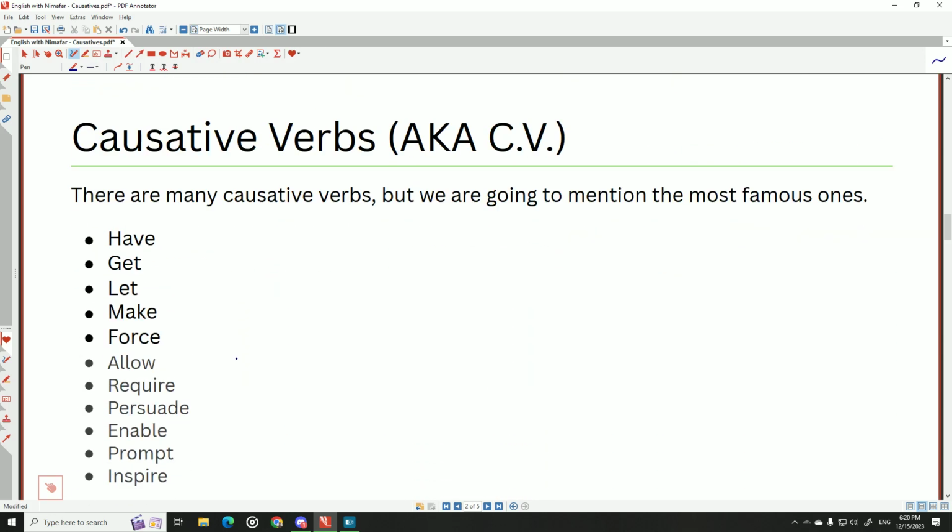Okay, such a kind man. Let's talk about causative verbs. There are many causative verbs, but we're going to mention the most famous ones, five of them. So let me also highlight them in different colors. Have, let, make. For these, we use the bare infinitive.